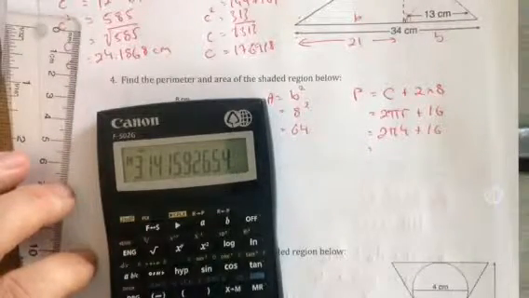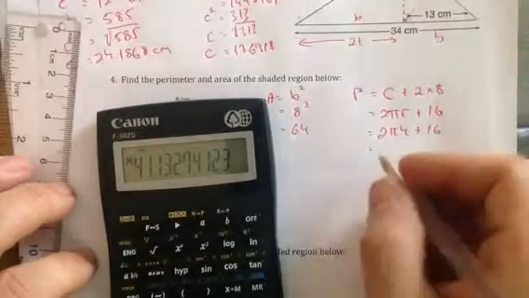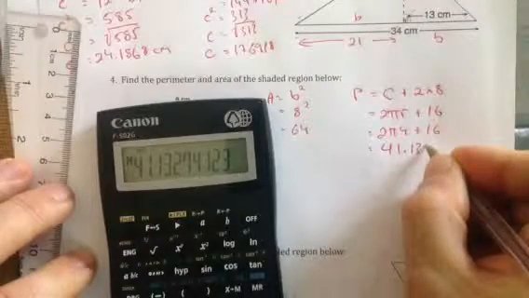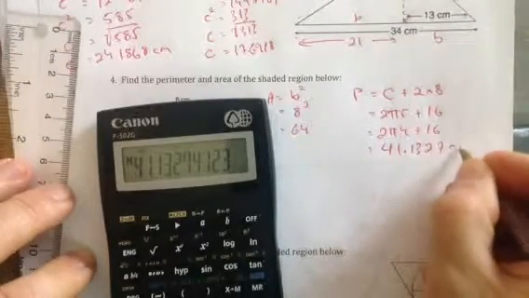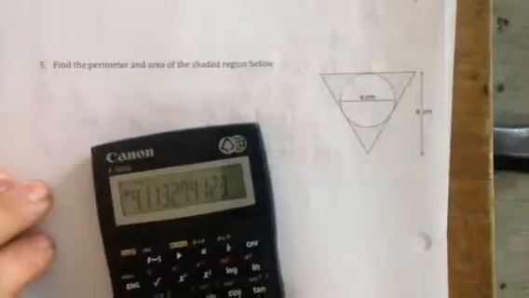Plus 16 is equal to 41.1327 centimeters squared.